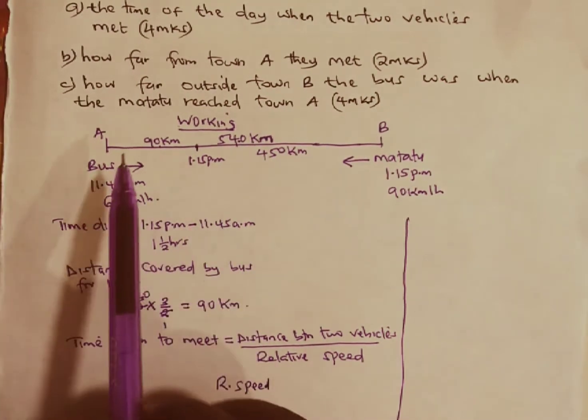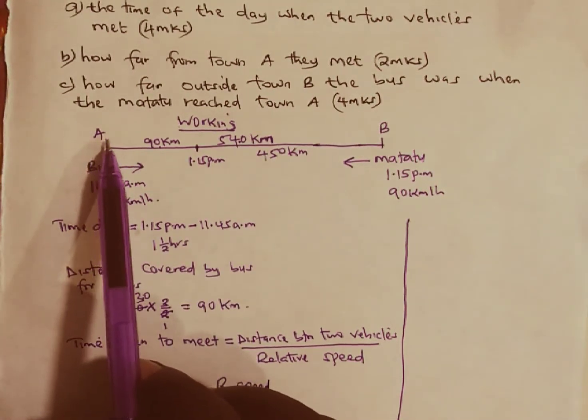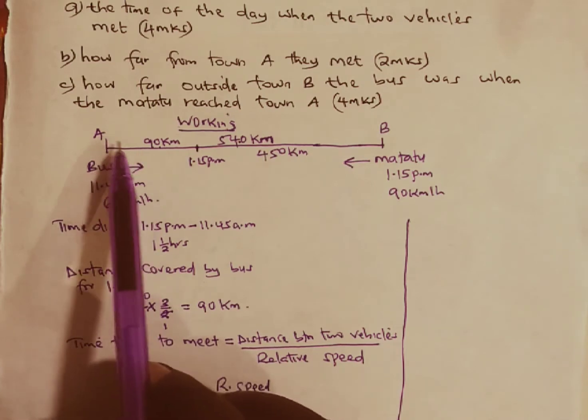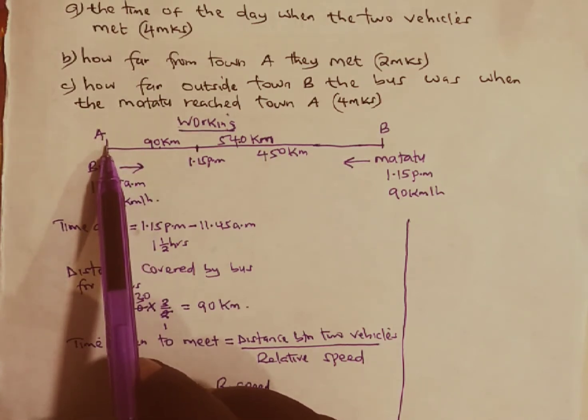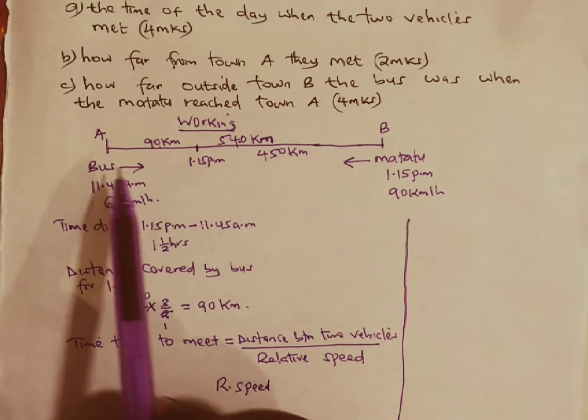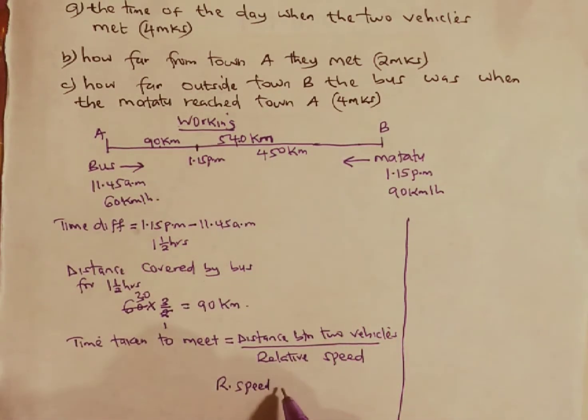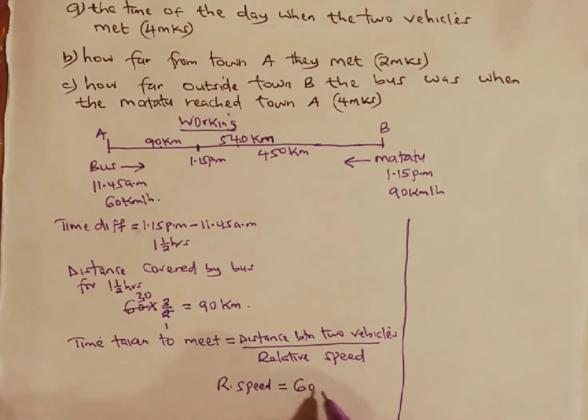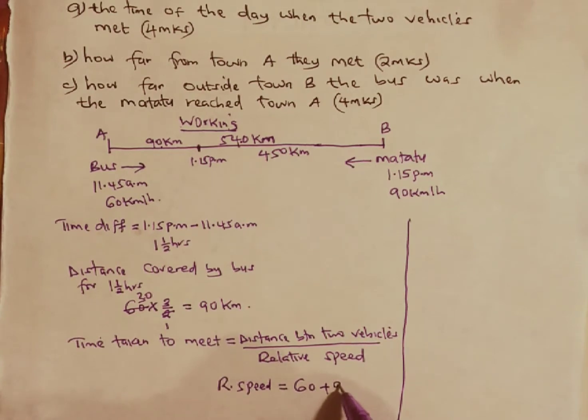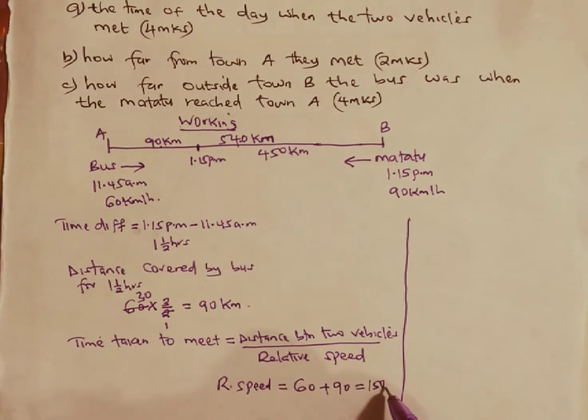Since the two vehicles are approaching one another, then the relative speed is going to be equal to the speed of A, or the speed of the bus, we add the speed of the matatu. This one is going to give us 60 plus 90, which gives us 150 kilometers per hour.